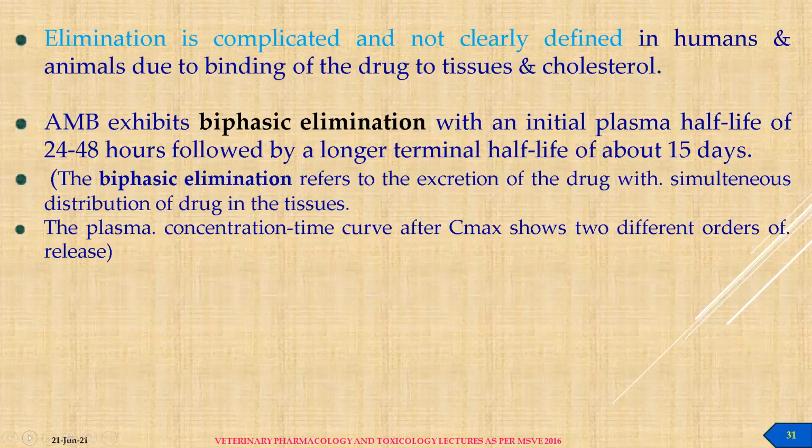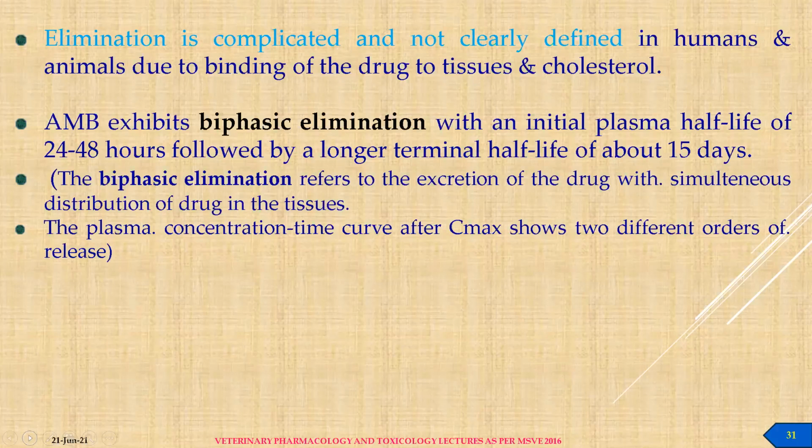The elimination is a little complicated, in humans and animals, due to the binding of the drug to the tissue and cholesterol. So amphotericin B shows biphasic elimination with an initial plasma half-life of 24 to 48 hours, followed by a longer terminal half-life of about 15 days.